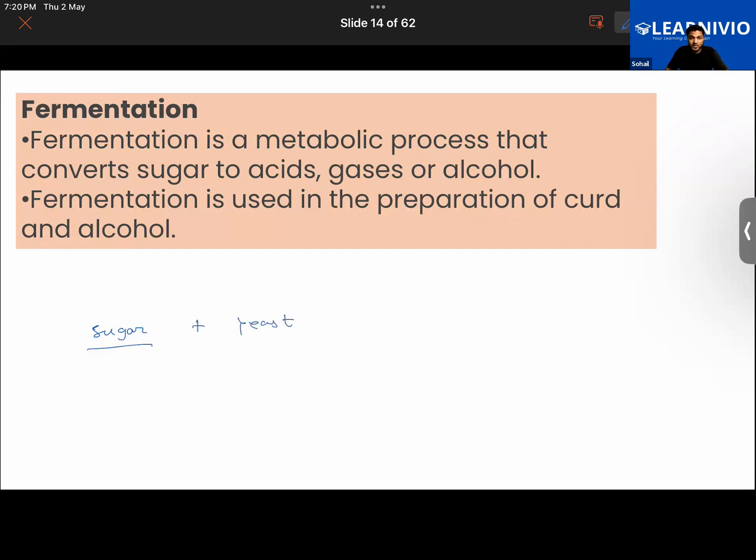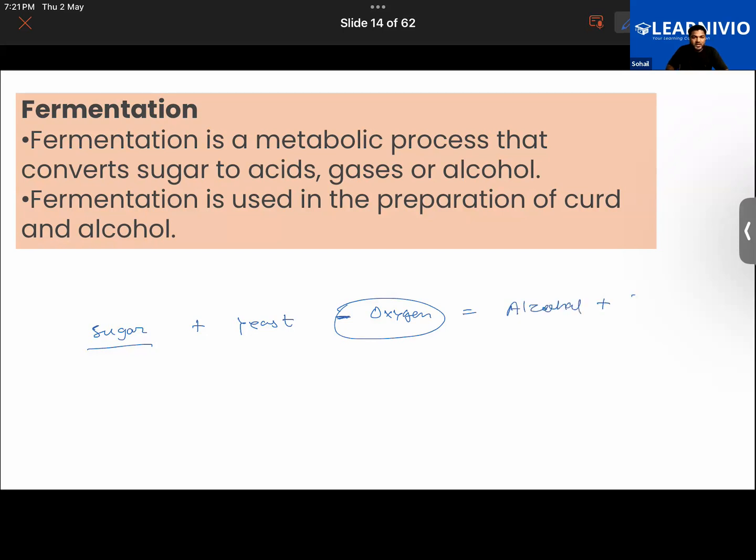Sugarcane is also used here, but not particularly in order to obtain a rich quality of wine. So in this, you take sugar, you add yeast powder to it, and in the absence of oxygen, that's why I've written minus oxygen, you produce alcohol.